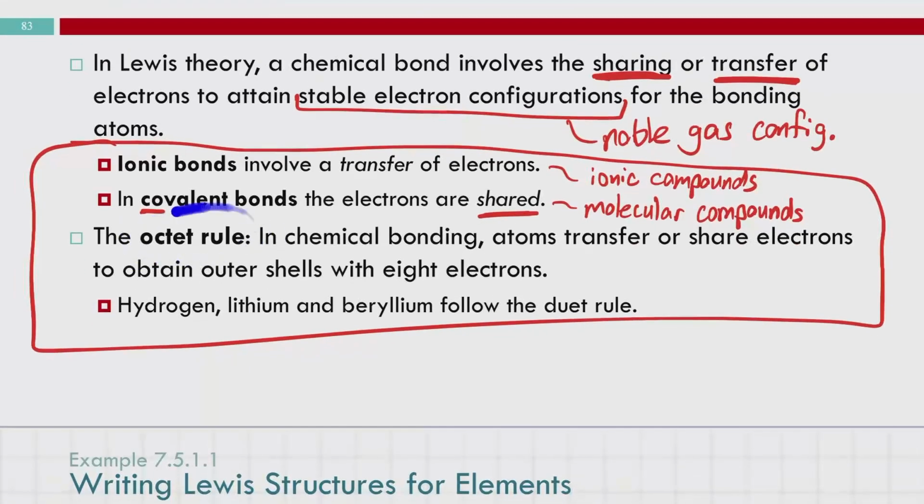And we've got our octet rule. The oct prefix here, remember, counting for 8, standing for 8. The octet rule says that we are transferring or sharing electrons to get outer shells with 8 electrons. Either adding extra electrons in, like if we're fluorine, we need to add 1 electron, either by sharing it in a bond or stealing it.